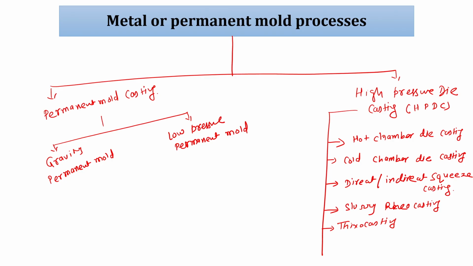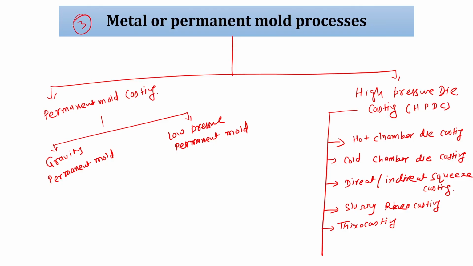So there will be permanent mold, with a metal mold. There will be two categories, permanent mold casting or high pressure die casting. Permanent mold casting can be divided into gravity permanent mold and low pressure permanent mold. HPDC has lots of different categories like hot chamber, cold chamber, direct squeeze casting, indirect squeeze casting, slurry Rheo casting, Thixo casting.